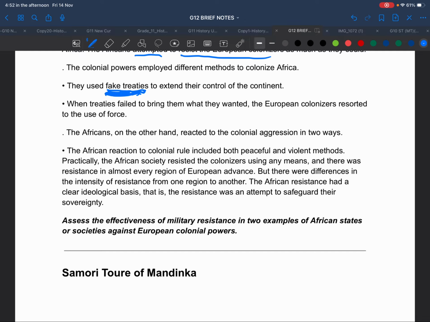Sometimes European governments also gave loans to African chiefs or landowners, to be paid back.